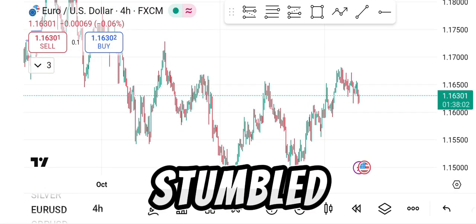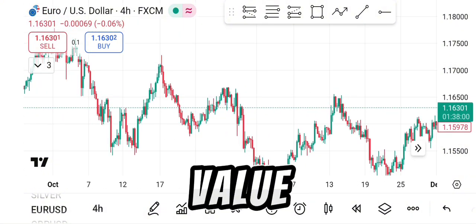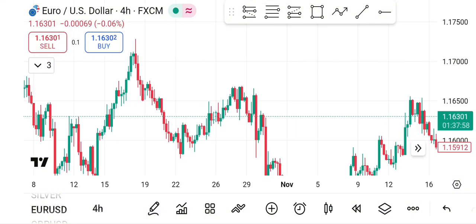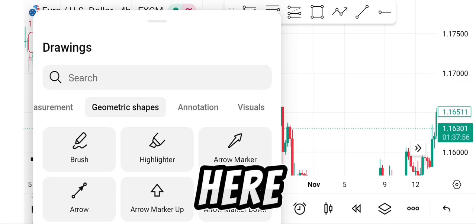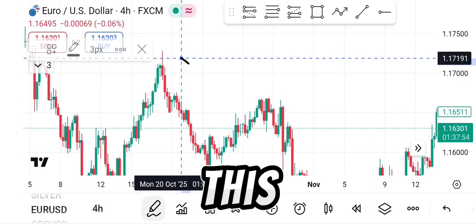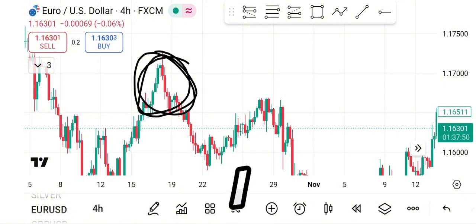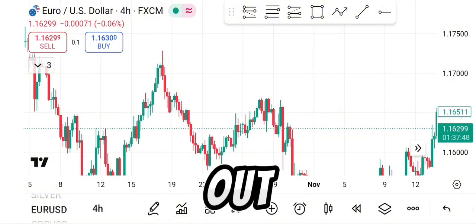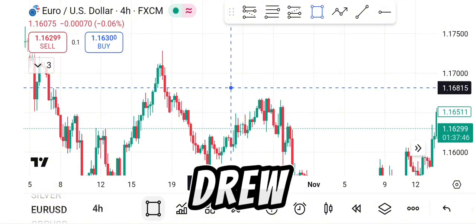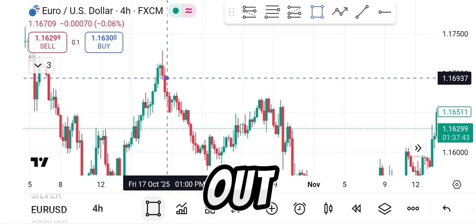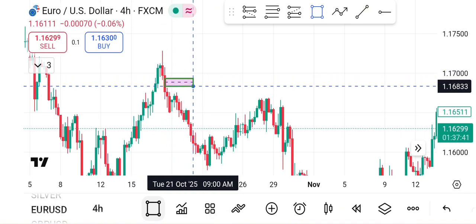That is when I stumbled on this fair value gap here. If you look by your left side here, you see this fair value gap unmitigated. So the next thing I did was draw it out. I drew this fair value gap out on the 4-hour time frame.